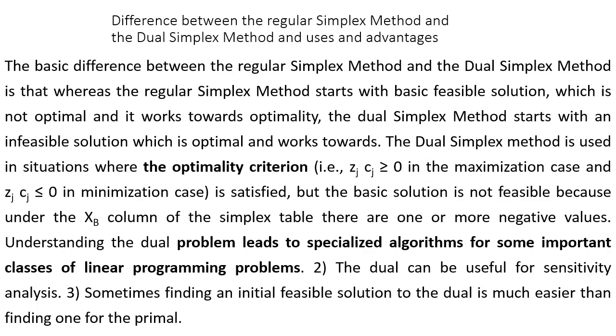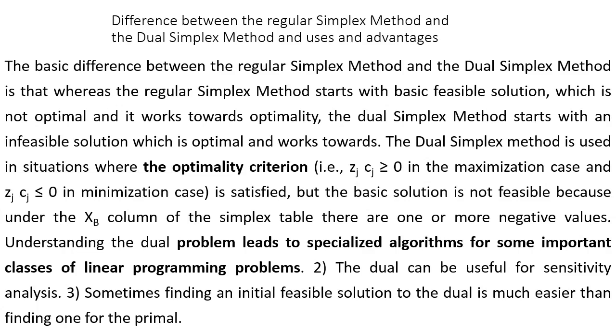The dual simplex method is used in situations where the optimality criterion, Zj minus Cj greater than or equal to 0 in the maximization case and Zj minus Cj less than or equal to 0 in the minimization case, is satisfied, but the basic solution is not feasible because under the XB column of the simplex table there are one or more negative values.